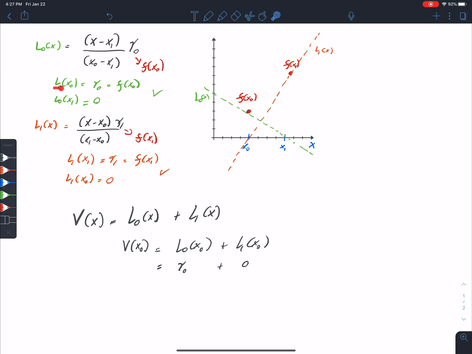And L0 at x0 is y0, or f of x0, which is a given point. So we're starting at this point here. Conversely, we can do the same computation to find V at x1, and that's going to be 0 plus y1. So this line is going to end over here.